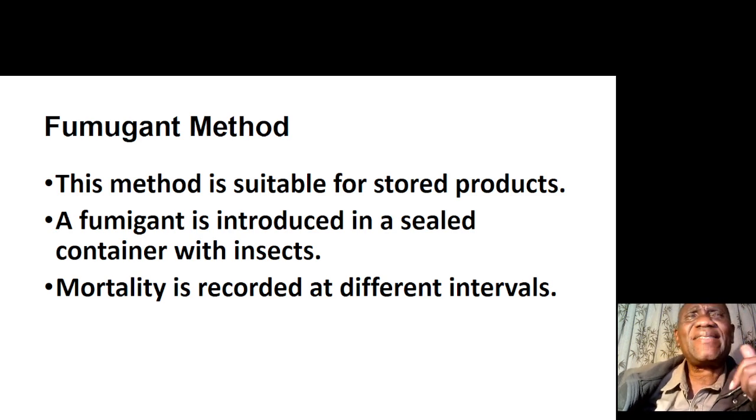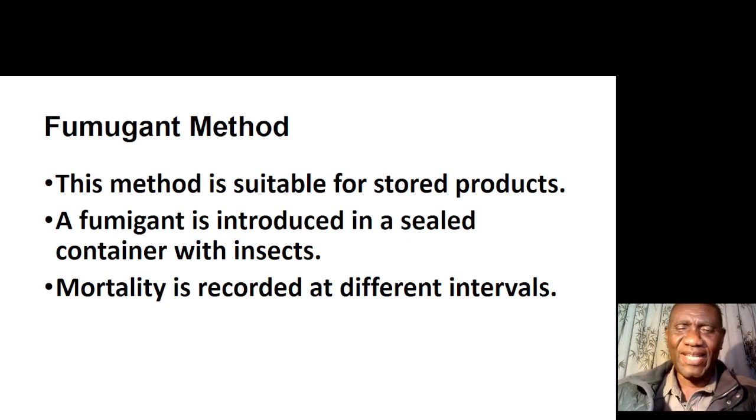We can evaluate the toxicity using a fumigant. A fumigant is introduced in a sealed container with insects. Mortality is recorded at different intervals. You come in at different times, counting the number of dead insects and live insects, and you get your data.